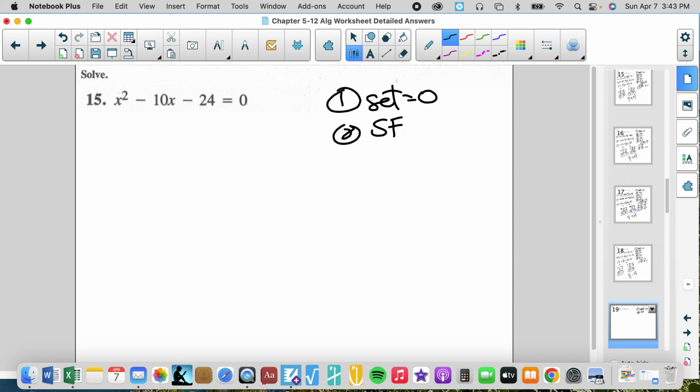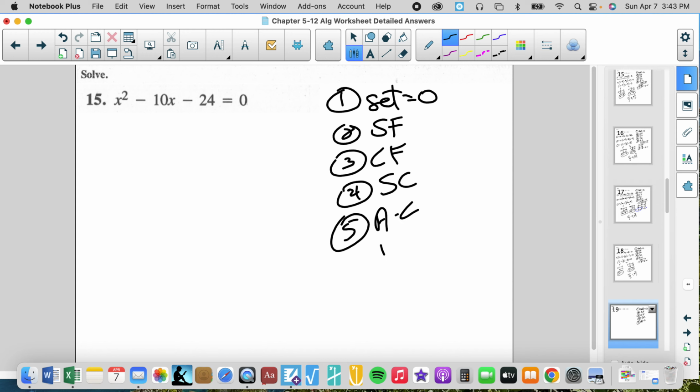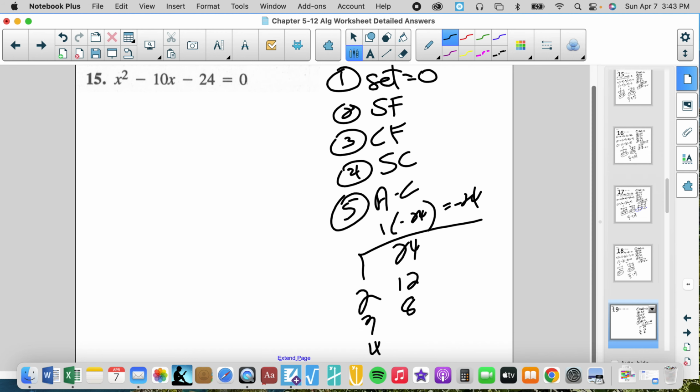Standard form, common factor, special case, A times C, 1 and negative 24. 1 and 24, 2 and 12, 3 and 8, 4 and 6. Signs are different, bigger is negative.